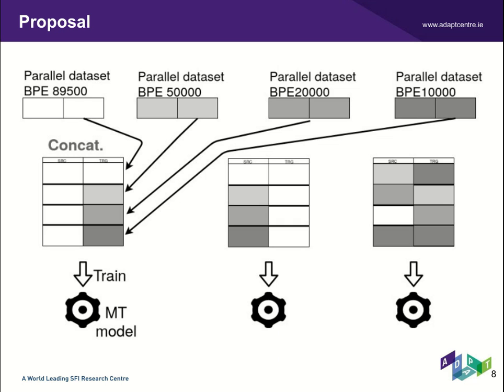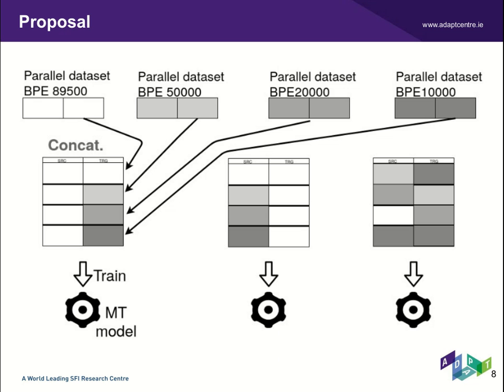Here the diagram represents the experiments that we are going to try. So in the top left corner we see a parallel dataset. This could be split with BPE in, for example, 89,500 merge operations, but the same dataset could also be split using 50,000 or 20,000 or 10,000 merge operations.